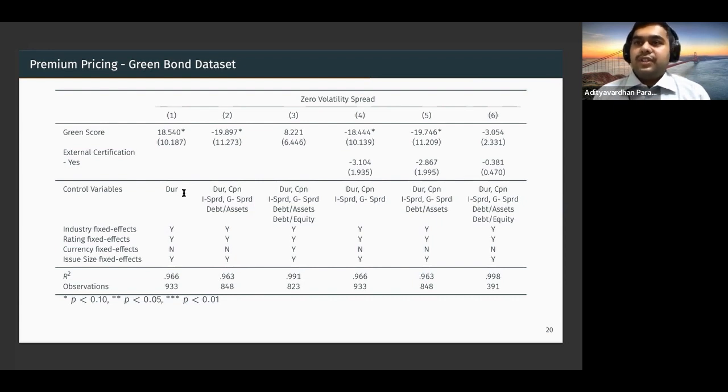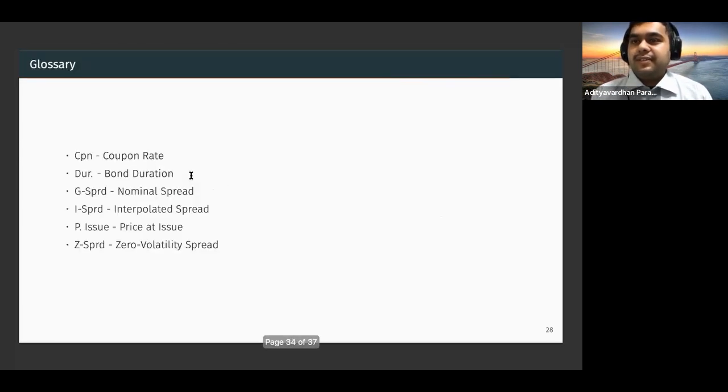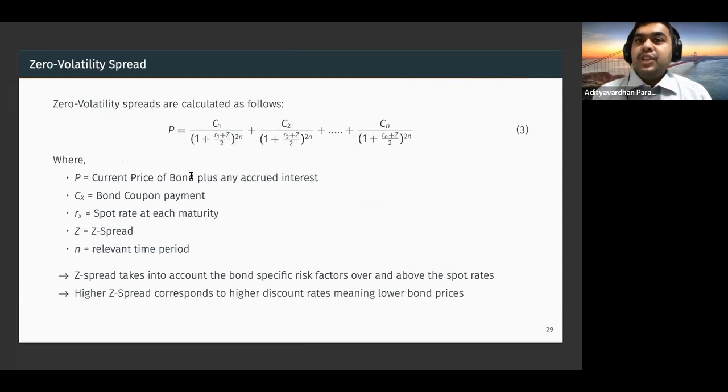Zero volatility spread essentially is the explanatory variable which we have used here. Imran, can you just quickly go to the appendix where we have given the formula for zero volatility spread? Now, Z spread is defined as follows. We can see that the price is a result of Z spreads over the life of the bond.